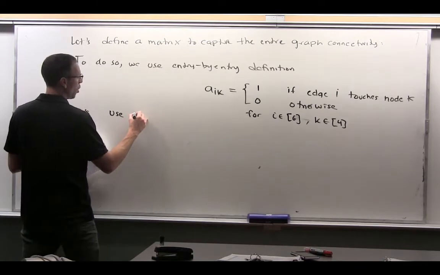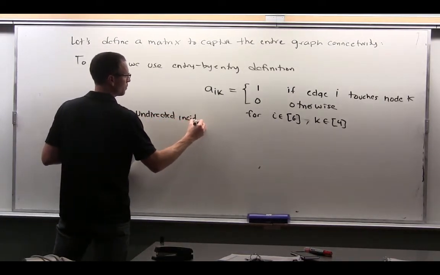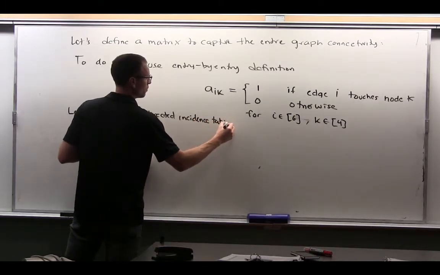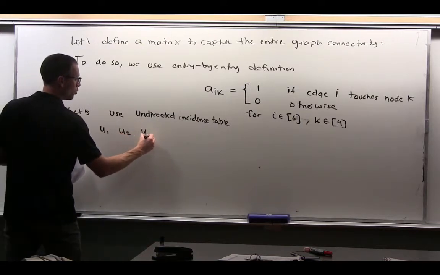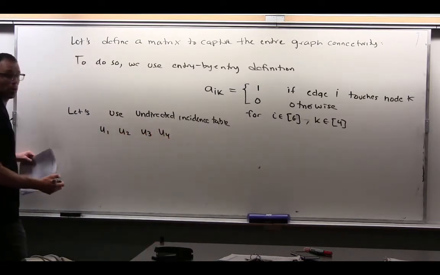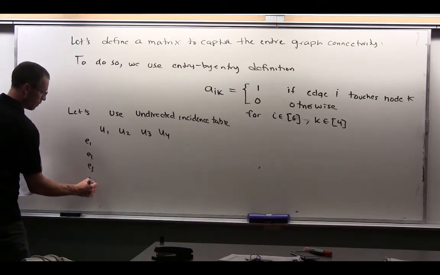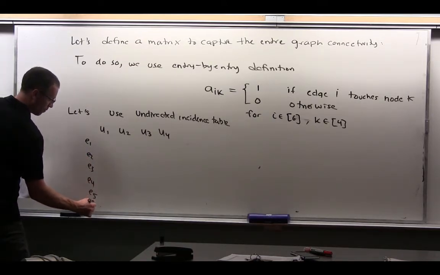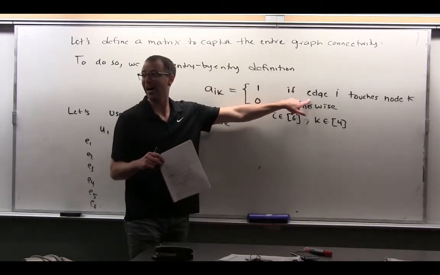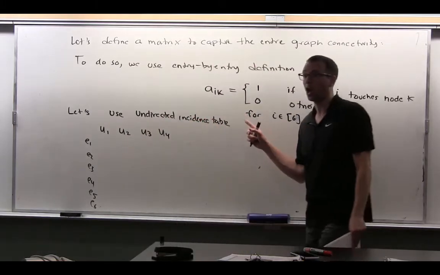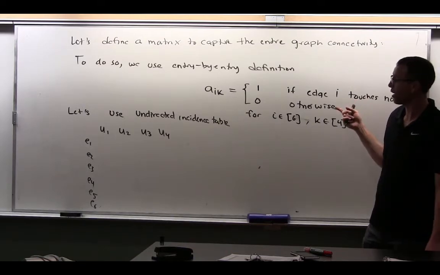We're going to use what we call an undirected incidence table, where the columns correspond to the nodes and the rows correspond to the edges, because the row index was corresponding to edge I and the column index was corresponding to node K.